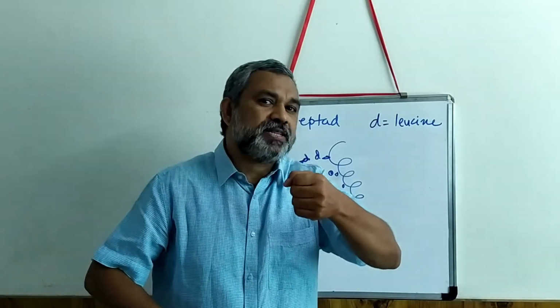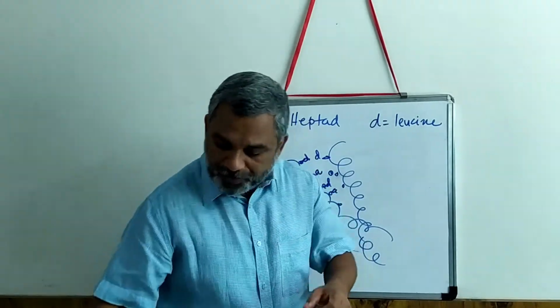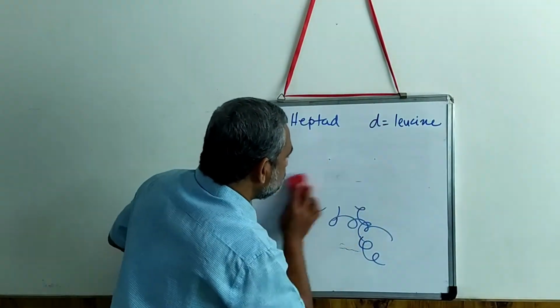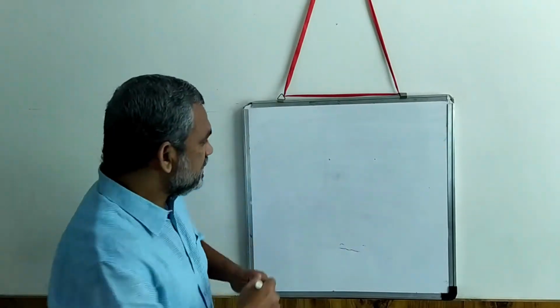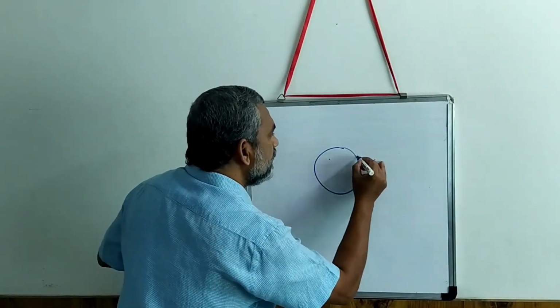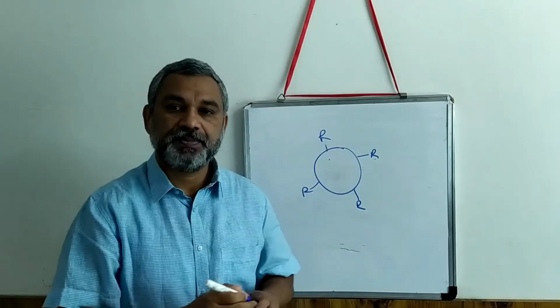Let us try to look at the alpha helical structure from top. When you look from top, the R groups are projecting outward.